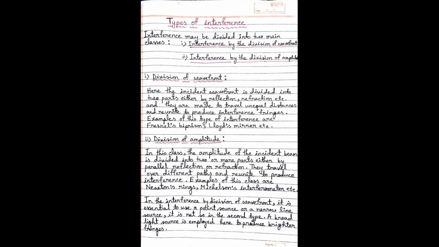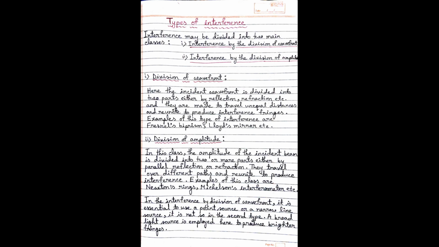The interference may be divided into two main classes. One is the interference by division of wavefront, another is interference by division of amplitude. Let's first see what is the interference by division of wavefront.